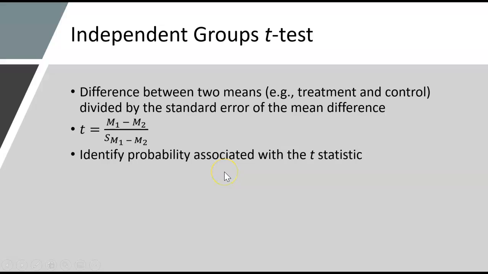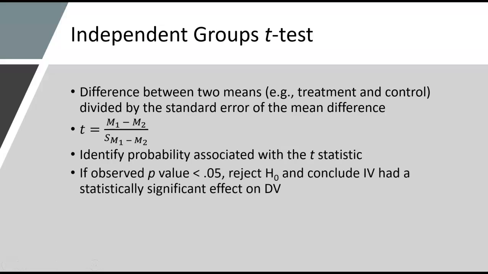What we want to do is take our t-value and determine the probability associated with that statistic so that we can make a statistical significance decision. Remember how in your SPSS printouts or output files, there's usually a table that you're given.